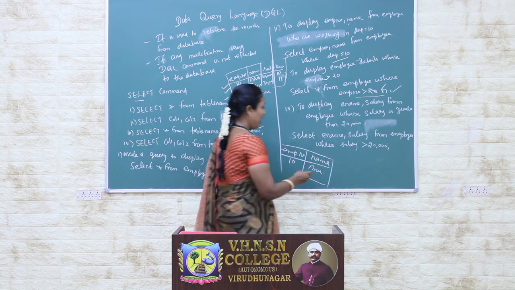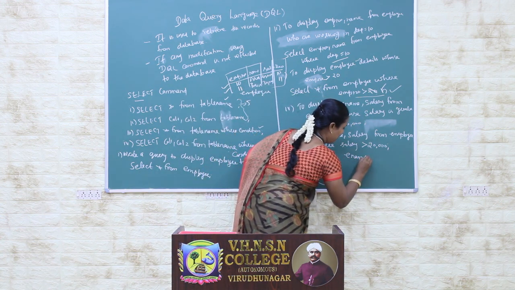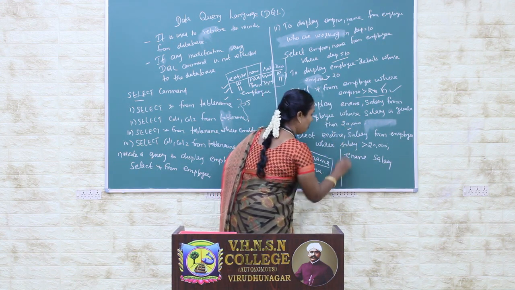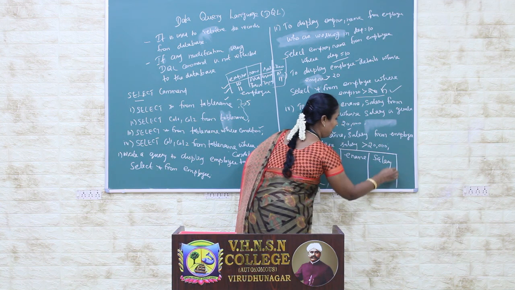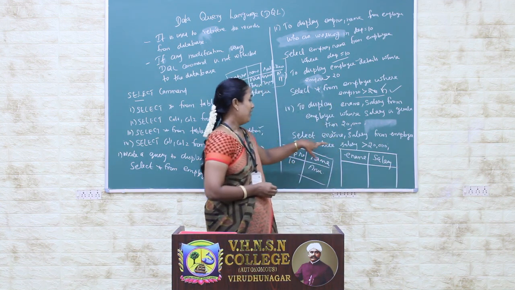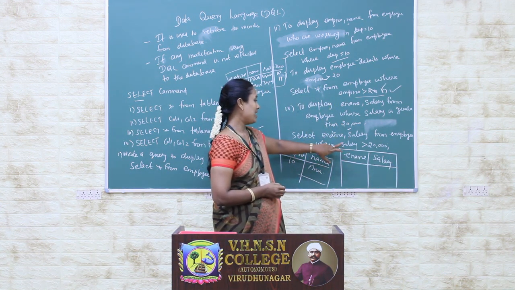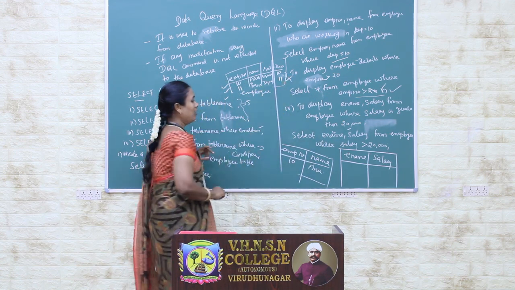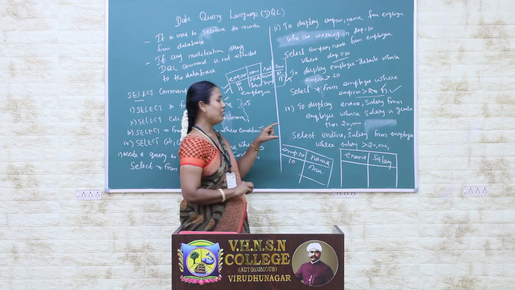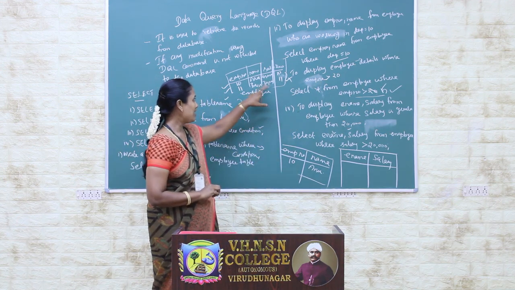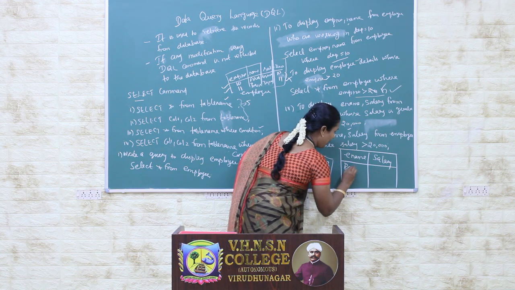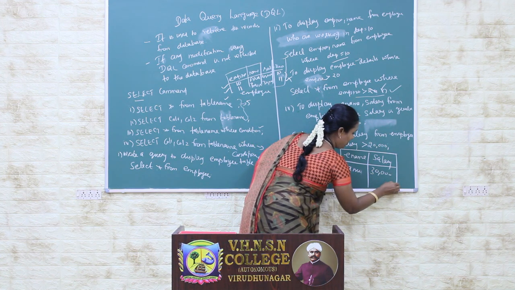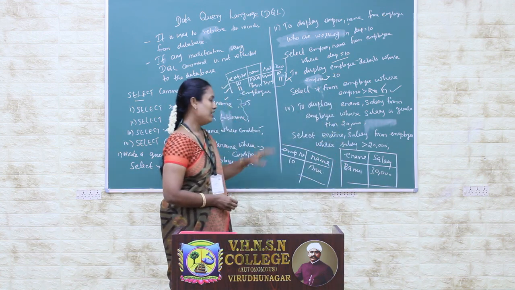I mention only these two fields, name and salary, in this query, so I select only these two fields. The record that satisfies the condition greater than 20,000 is only the second record, so only that goes to the resultant. The fields are name and salary: name Banu and salary 30,000. Okay. So this is the resultant for the fourth query.